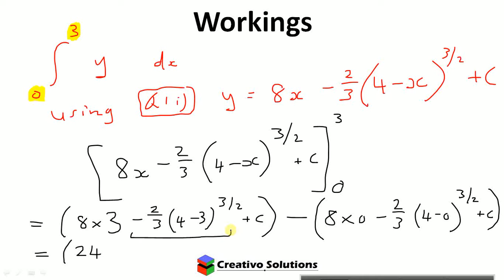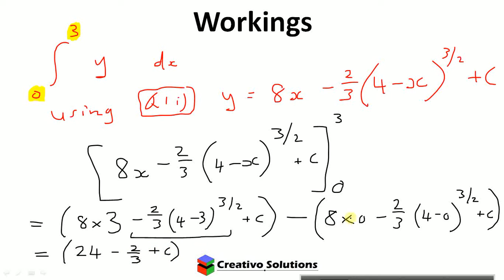Just type this part in: minus 2 over 3 bracket 4 minus 3 close bracket to the power of 3 over 2. What does that equal? Minus 2 over 3. Okay, that was actually quite easy. Minus 2 over 3, plus c.